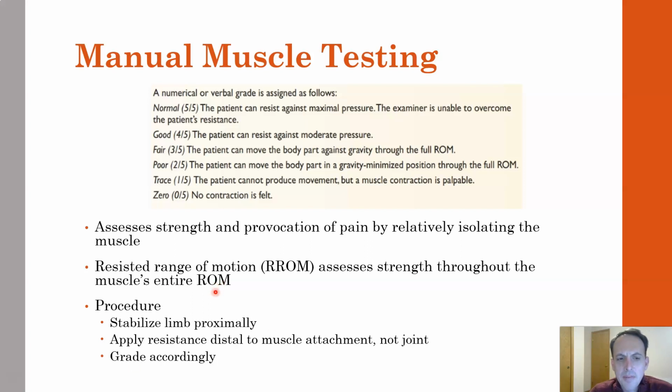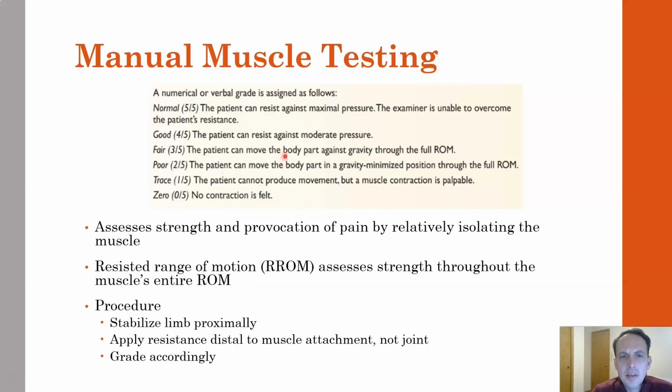They function fairly similarly, with stabilizing the limb proximally and applying resistance. And they're sometimes graded the same way as well. I prefer resisted range of motion as a bilateral comparison in percentage, whereas manual muscle test is one of those things that actually is not compared bilaterally.